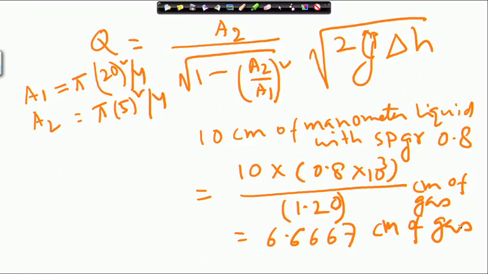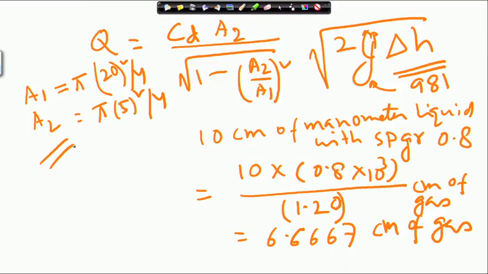Now, Q equal to CD times A2 by this into square root of 2 g H. So, this I have calculated in terms of centimeter of the gas that is flowing through the flow meter. g is given as 981 centimeter per second square and A1, A2 are calculated from here.